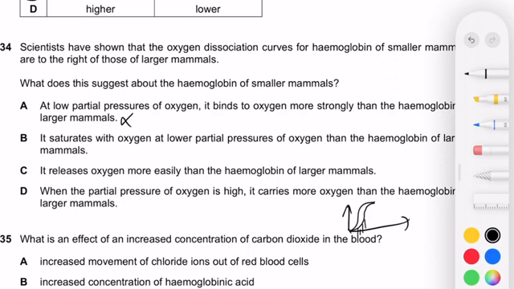Again, no. It saturates at the larger partial pressure of oxygen, and as I mentioned, C is the answer. But when the partial pressure of oxygen is high, it carries more oxygen than hemoglobin of larger mammals. No, they carry the same amount if it's high enough, but usually the larger mammal will carry more than a smaller mammal.